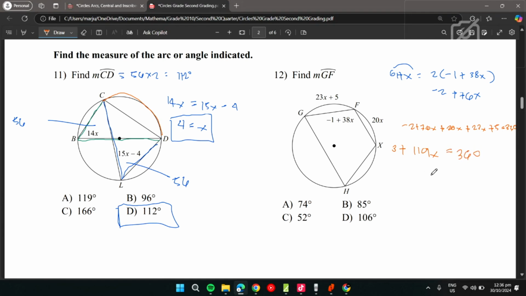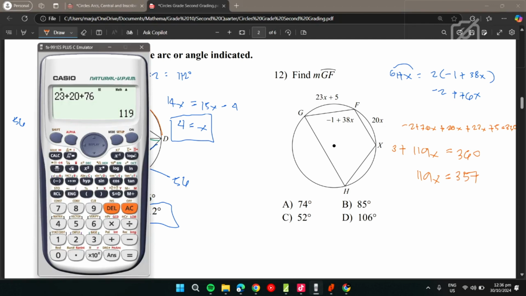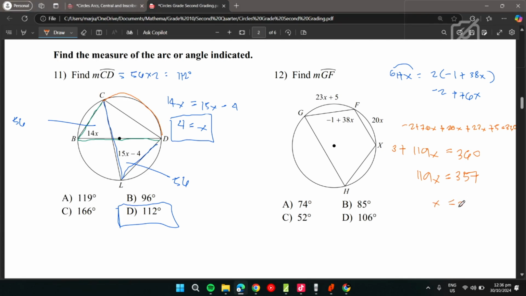Then 119x is equal to 357. Divided by 119, that gives me 3. So x is actually 3.